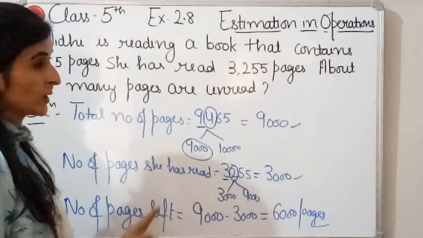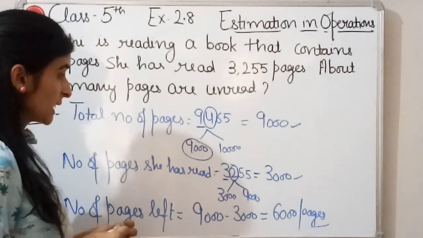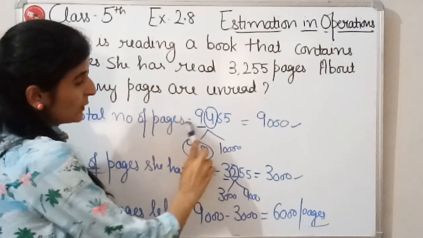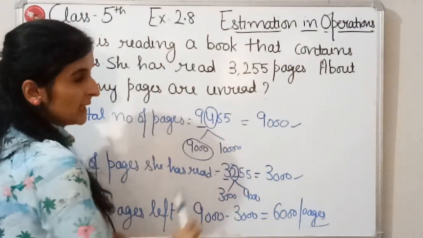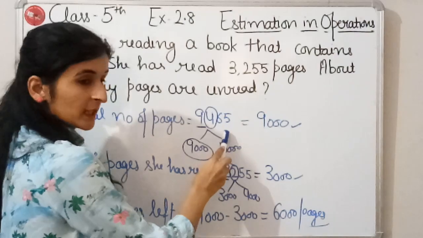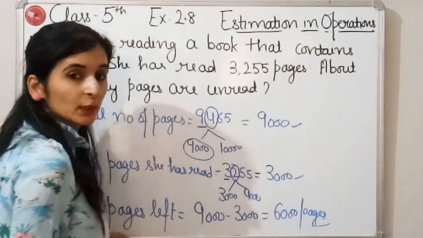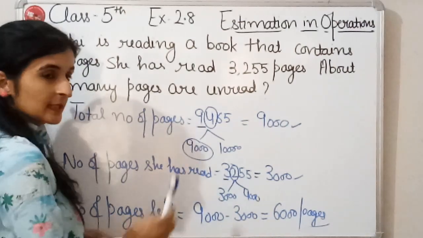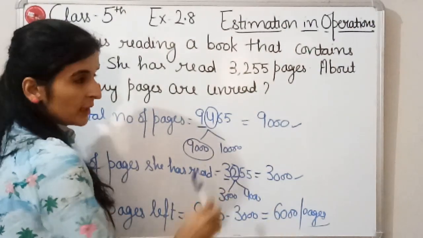Clear? So children, what we were given? We were given the total number of pages in the book. Then we have rounded off this 9,465 to nearest thousand, which is equal to 9,000. Then we were given number of pages she has read, 3,255.